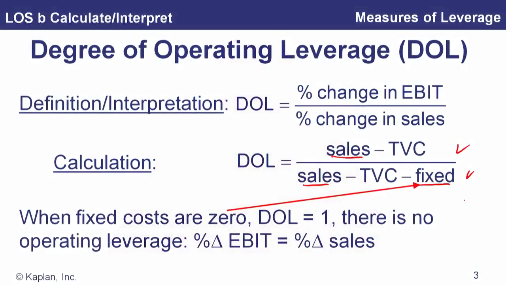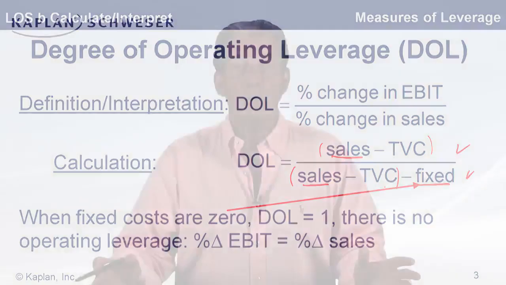If fixed cost is 0, then we've got sales minus total variable costs over sales minus total variable costs. We would have a degree of operating leverage of 1, which is no leverage, a 1-to-1 relationship: 1% change in sales, 1% change in operating earnings. So it's the introduction of fixed costs that gives us operating leverage.